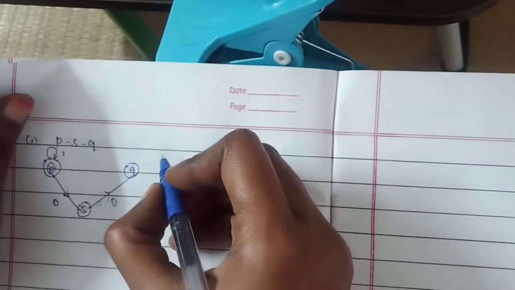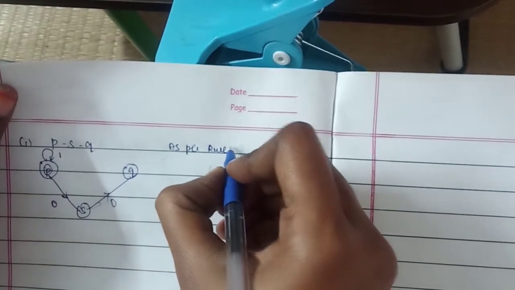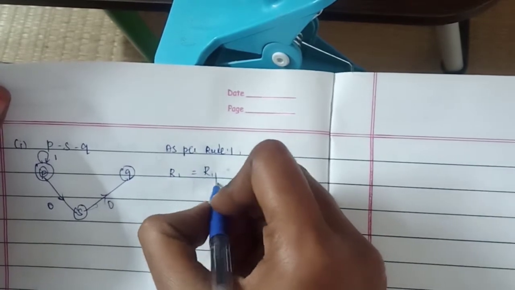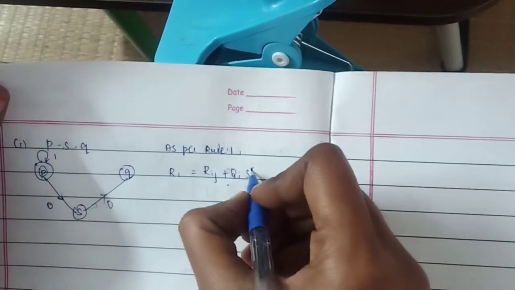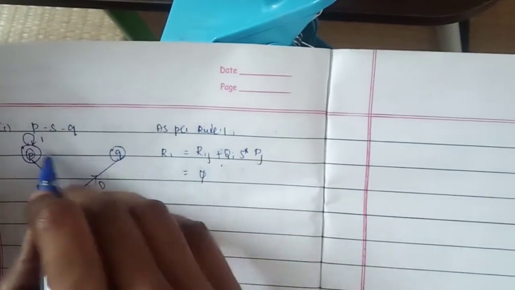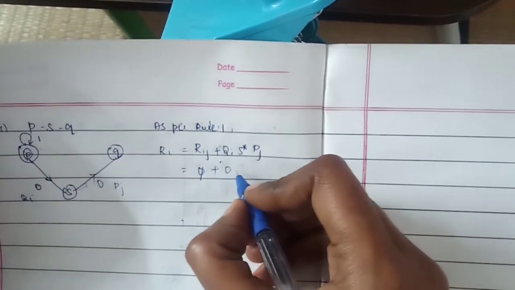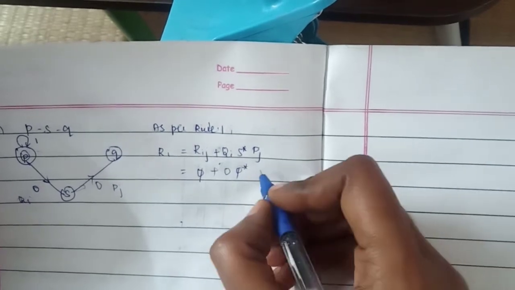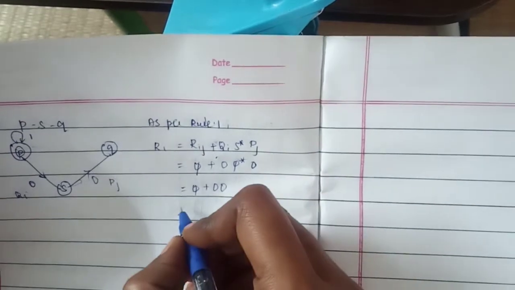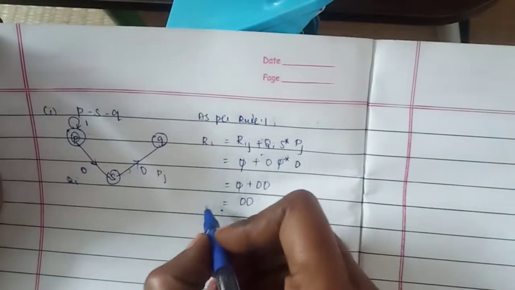So as per rule 1, the regular expression R1 equals Rij plus Qi S closure Pj. There is no Rij, so this is empty, Qi is 0, and S closure, phi closure, and Pj will be 0. So we'll have 0 0. This is my R1.